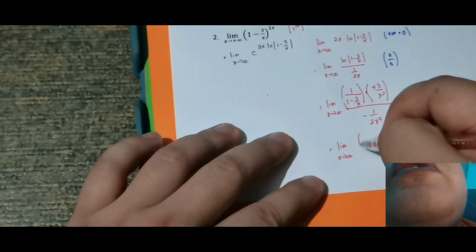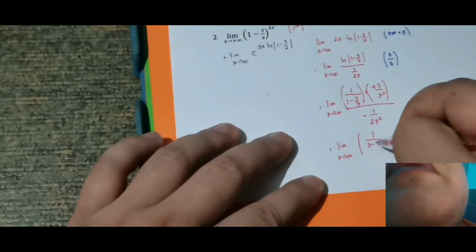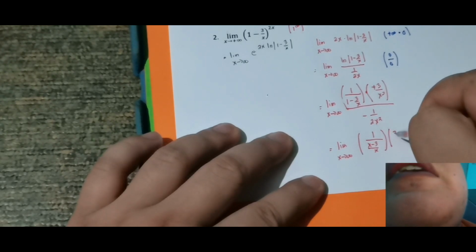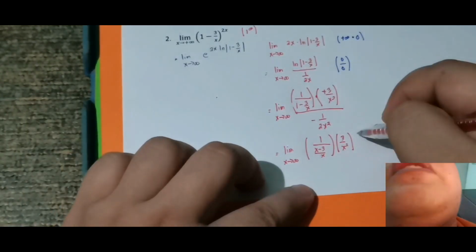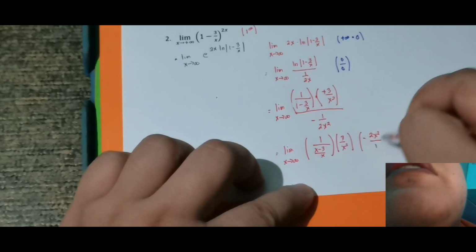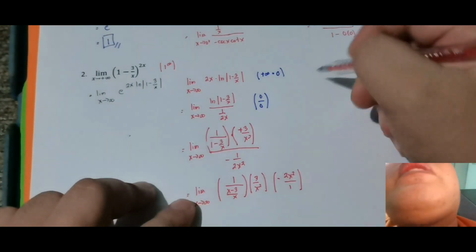So lagay ko na to, ayusin ko na to. This is 1 over, so this is x minus 3 over x. Tas multiplied by 3 over x squared. Tas ito, reciprocate na natin yung ilalim. This is just negative 2x squared over 1. Okay, tas marireciprocate pa yung part na yon.